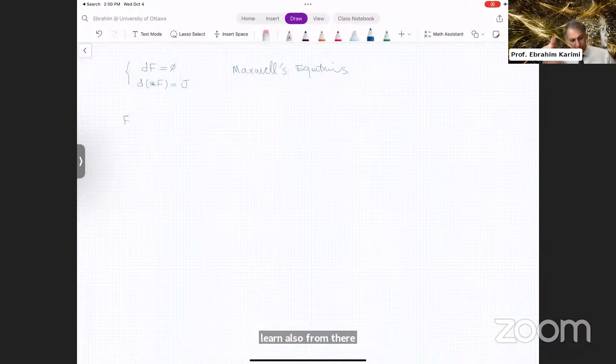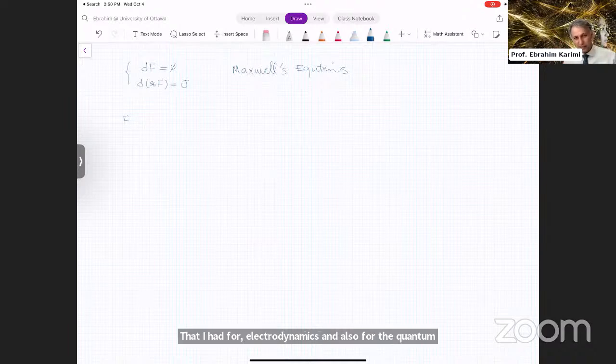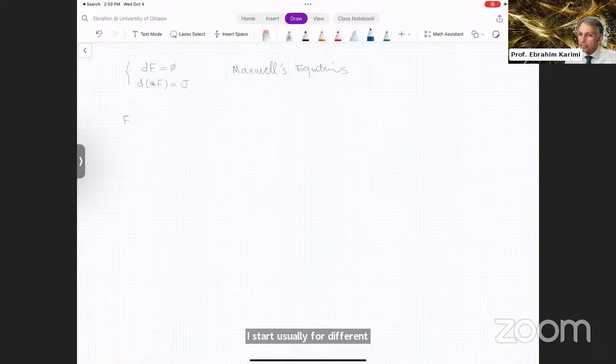If you look at some of the lectures that I had for electrodynamics and also for the quantum theory of light, I usually start from different formalisms: first from special relativity going with the stress tensors, or I can also introduce a new vector which is complex, where the real and imaginary parts give you the electric field and magnetic field.